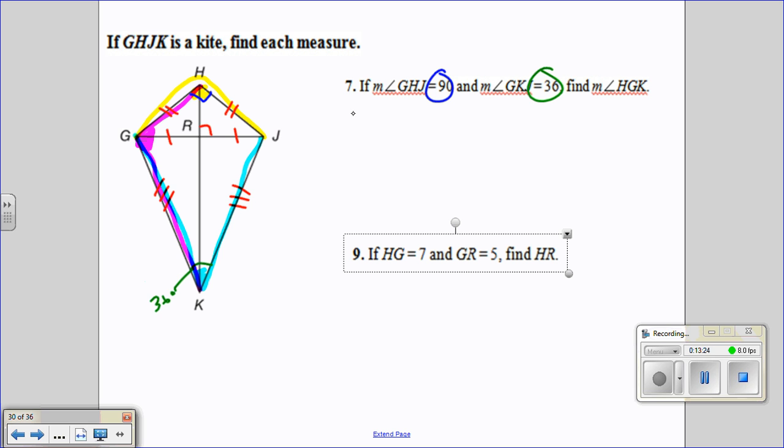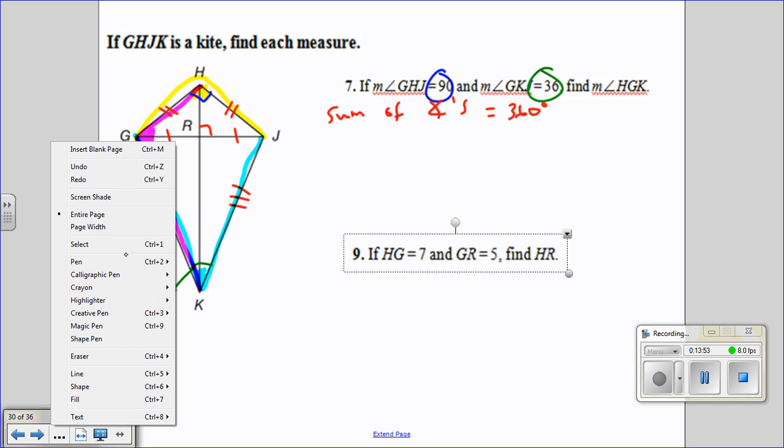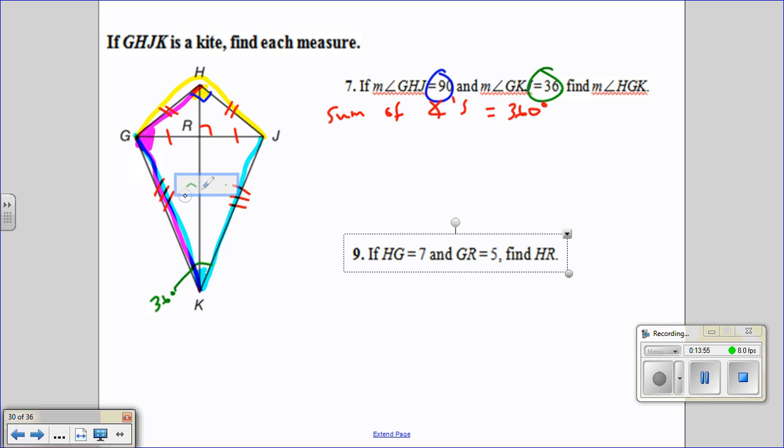Now, to find that out, we know that the sum of all angles of any quadrilateral is 360 degrees. We have 90 and we have 36. And we recall from our notes that angle G, which is what we're looking for, and angle J are congruent.